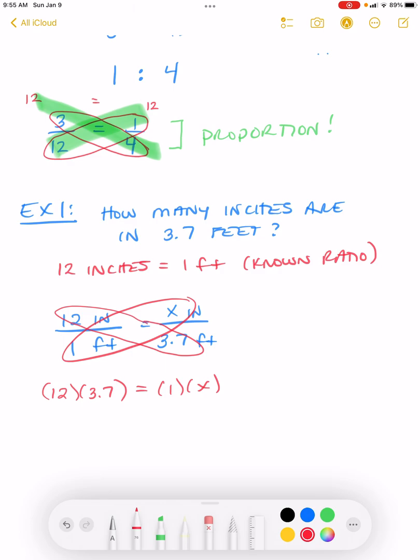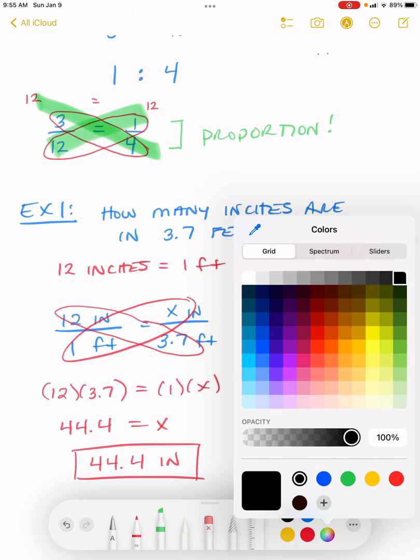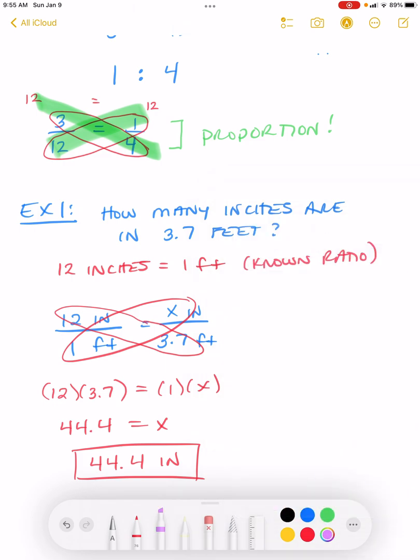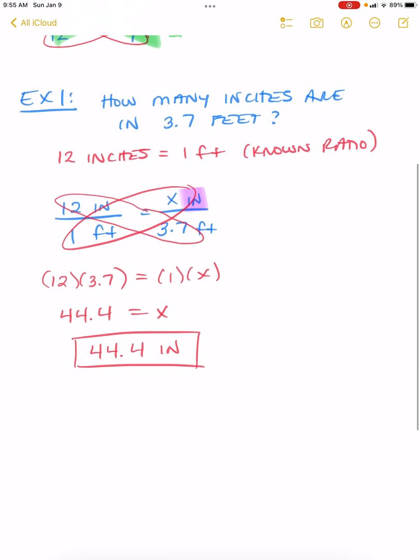And when I take 12 times 3.7, it's going to be 44.4 equals x, which means the answer then is 44.4 inches. And that's why I like labeling the units in my proportion right here, because then it helps me remember that I was trying to find x inches. Okay, so hopefully this is all a review.